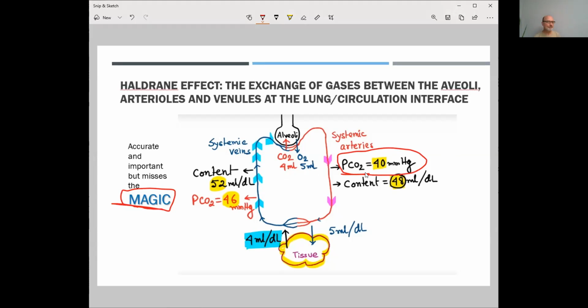Ideally we would like it to be getting up in that 35 to 40 millimeters of mercury, because we know from the graph that was worked out in the oxygen dissociation curve that that's the ideal level for oxygen to dissociate. How that exchange takes place in the lungs was worked out by Haldane and is called the Haldane effect.